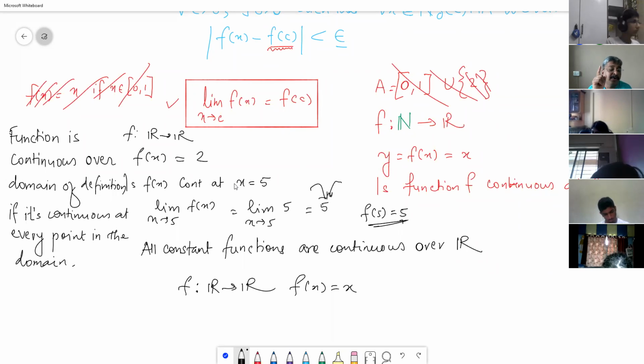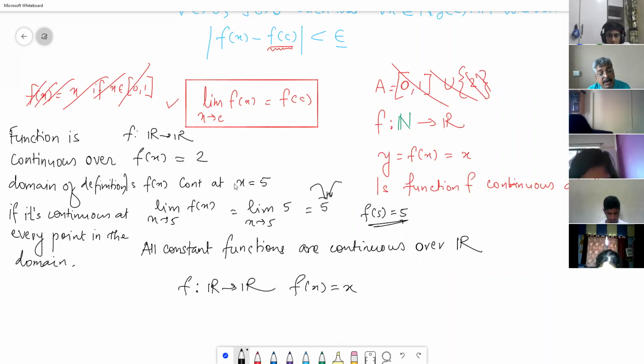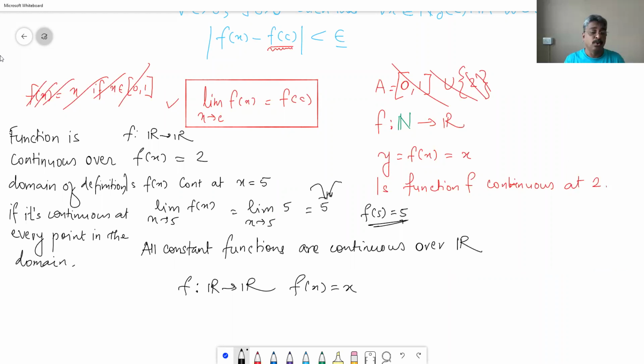So if the function is defined from R to R and f of x is equal to x, is it continuous over every point in the real number set R? You can take one real number C and prove that it is continuous at C, and therefore it is continuous at every point in R, and therefore over R. It is not very difficult, it is easy to prove.